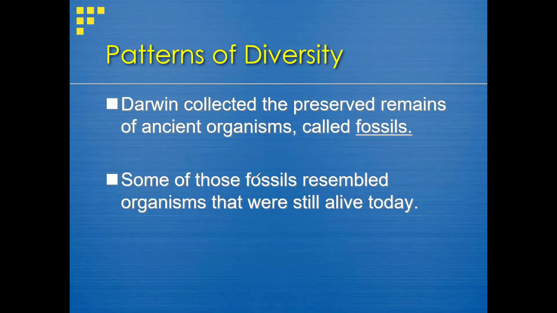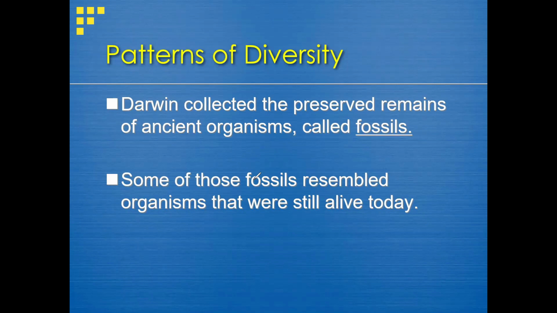And then Darwin collected the preserved remains of ancient organisms called fossils. So when we say fossils, ladies and gentlemen, it can be bones, it can be imprints. In simple terms, fossils are what is left after the death of a particular living organism.